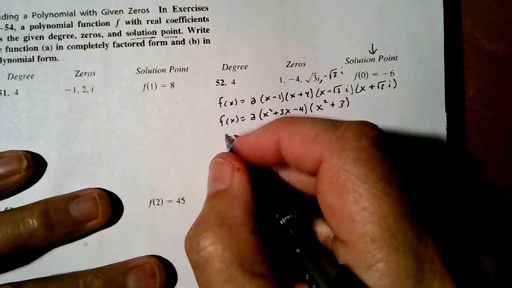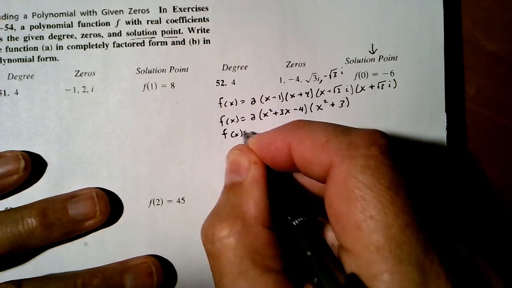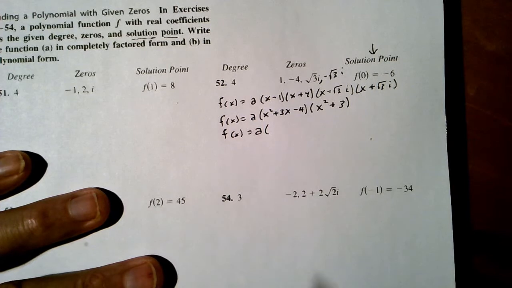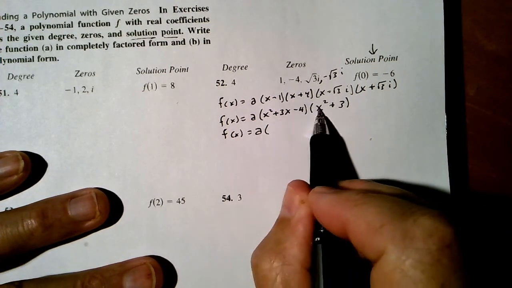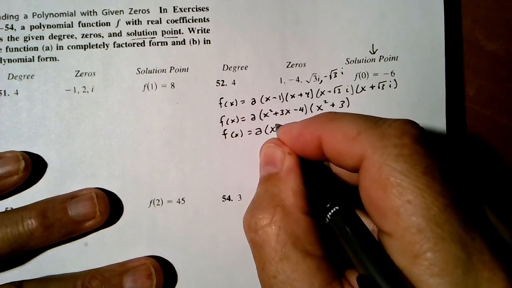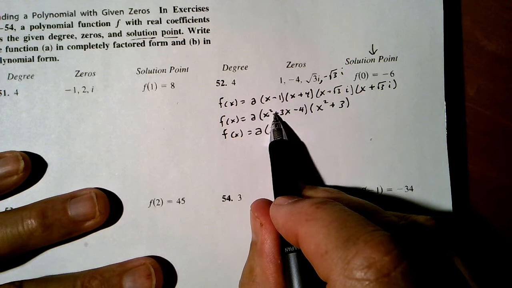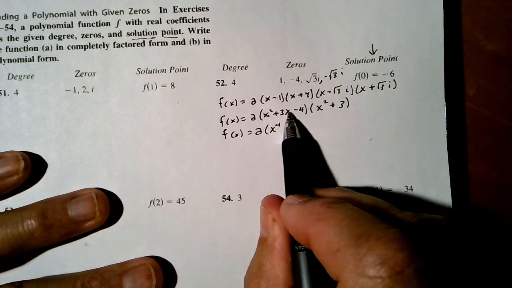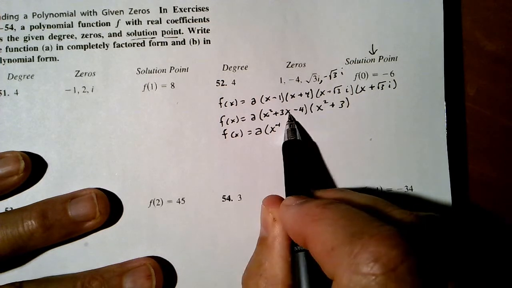Okay, and then I get f of x. I'm not going to distribute the a, you'll see why. The biggest exponent I'm going to get here is x to the 4th, and this is the only place I can get an x to the 4th. How about x cubes? Can't get, oh yeah, there they are. 3x cubes this way, and that's the only place I can get x cubes.